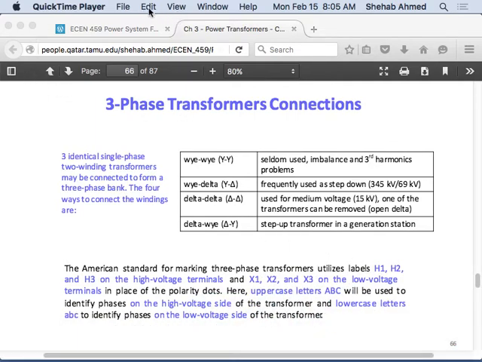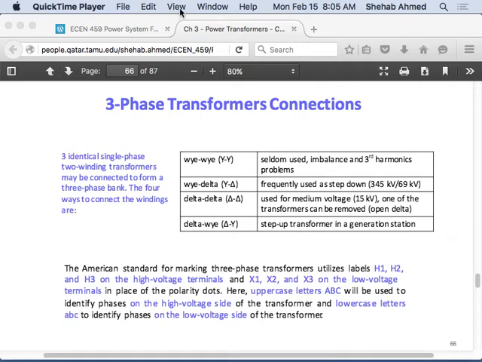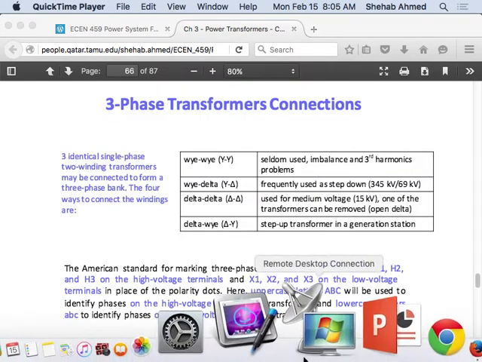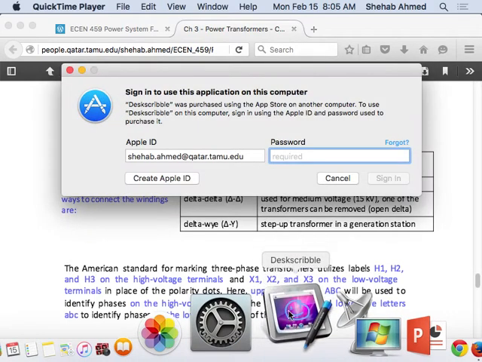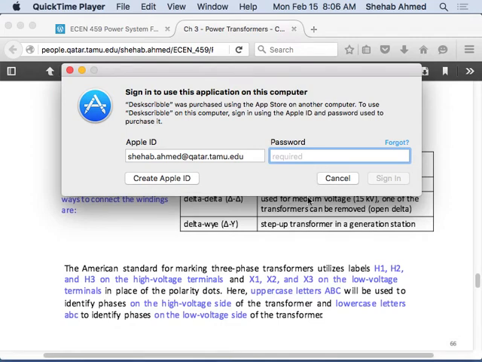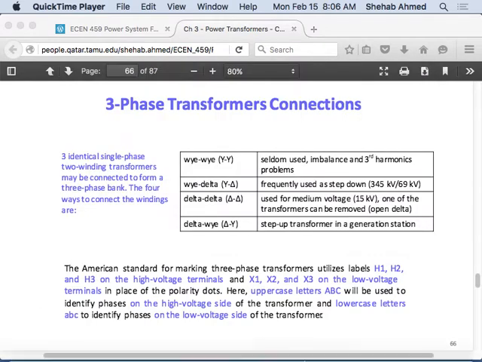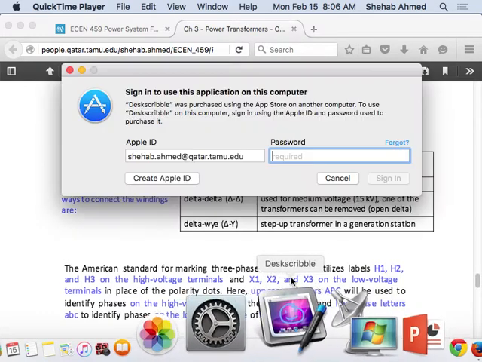Come on, I don't want to put my Apple ID. Why do I have to put my Apple ID? Come on, don't let me down.